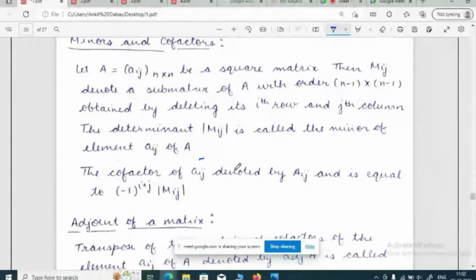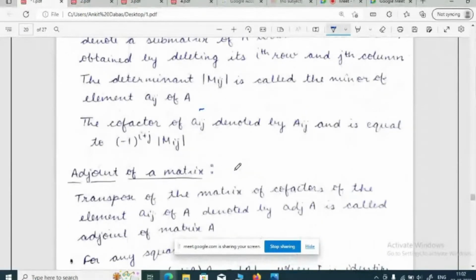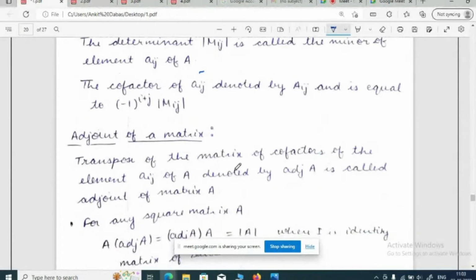The determinant of Mij is called the minor of the element Aij of A. For the cofactor, we multiply the minor with -1 raised to the power i plus j.